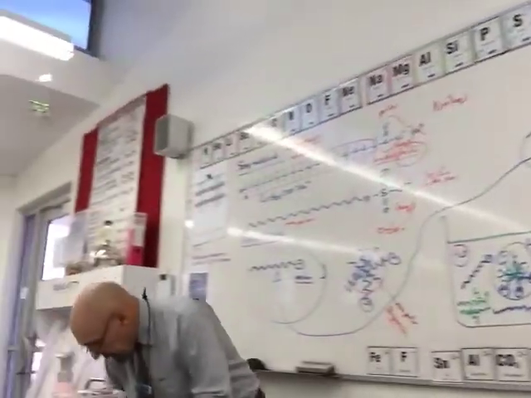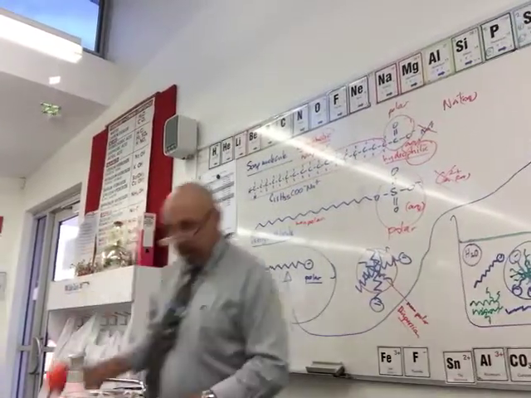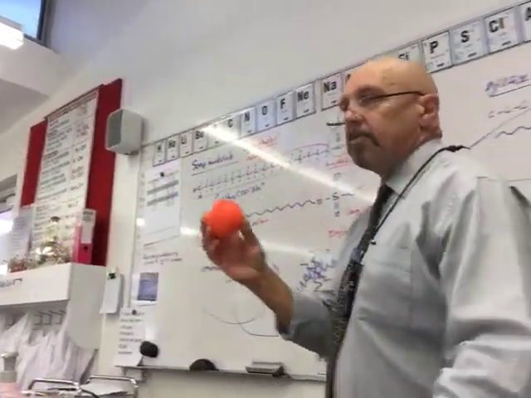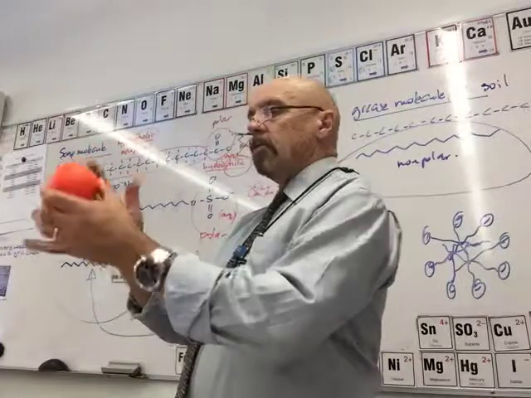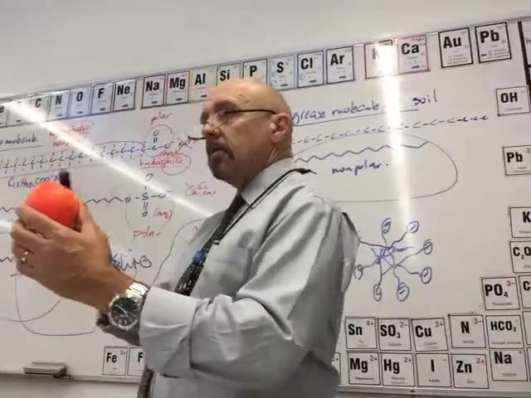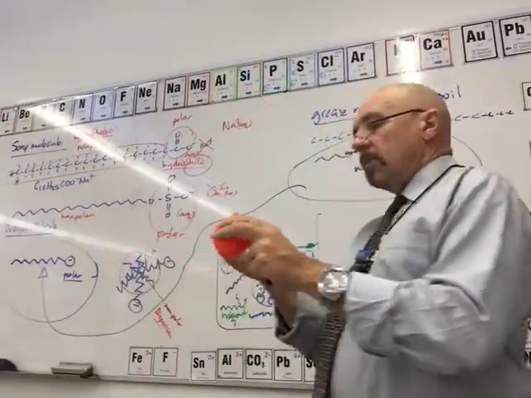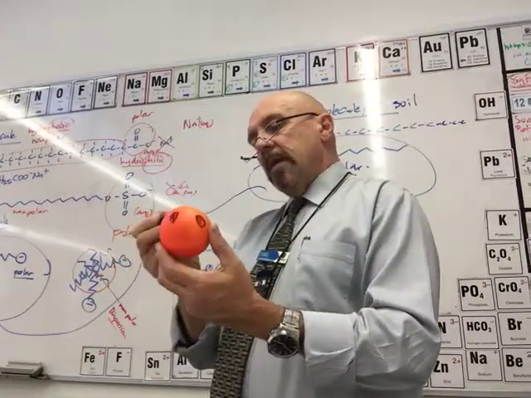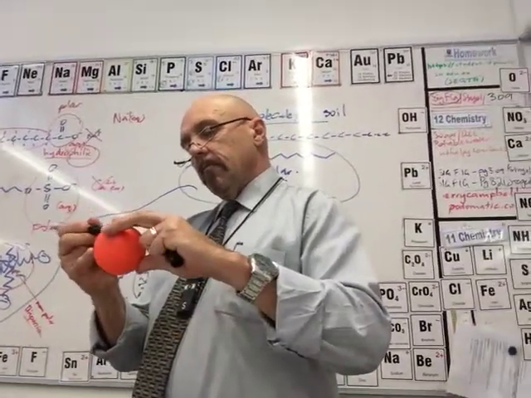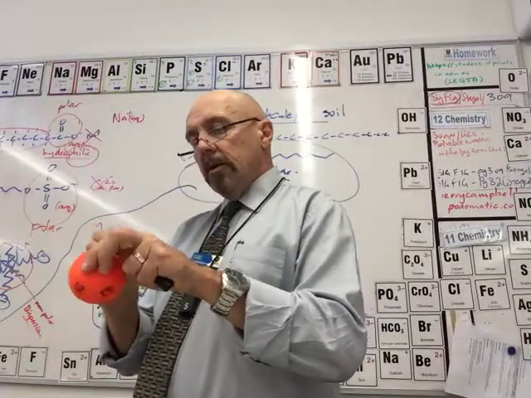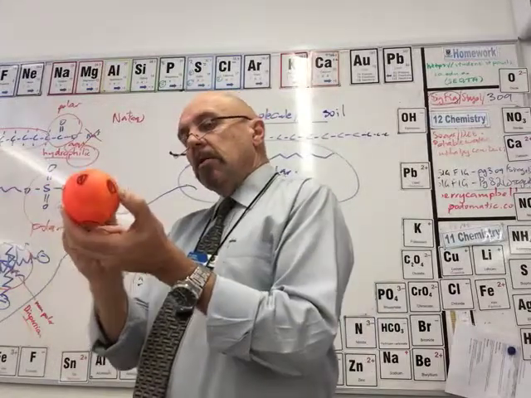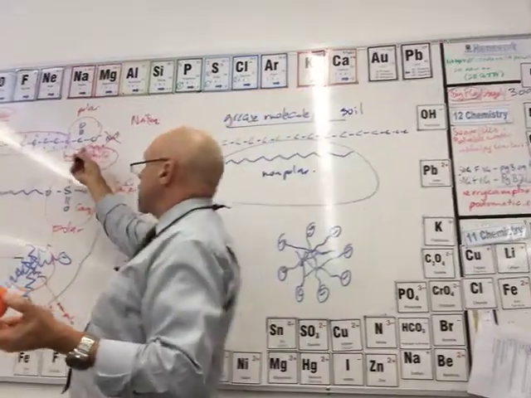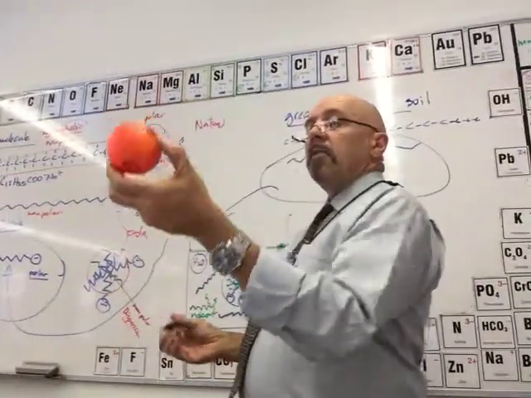If you can imagine, this is my actual soap structure. On the outside of this we've got all of these negative charges. So everything negative is on the outside of this structure.